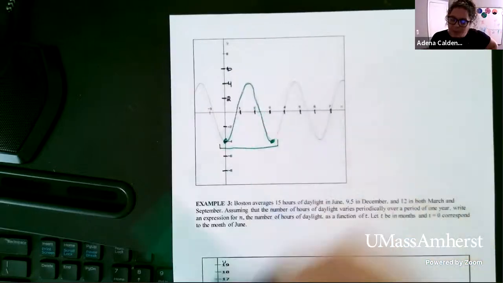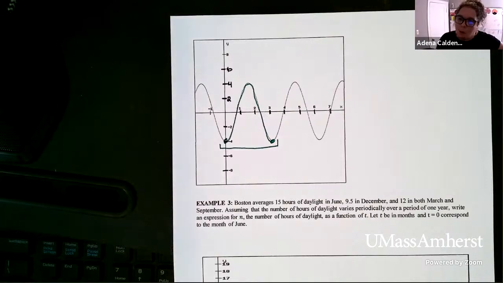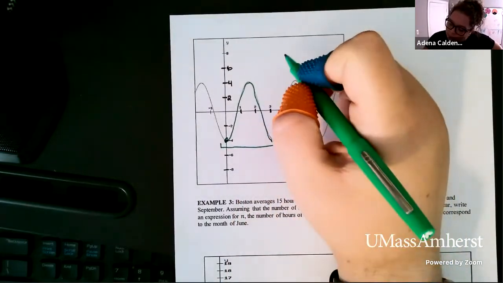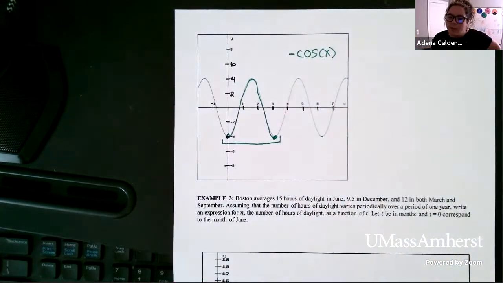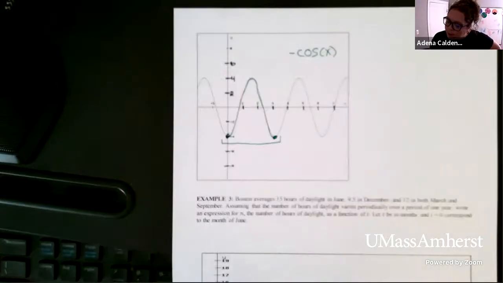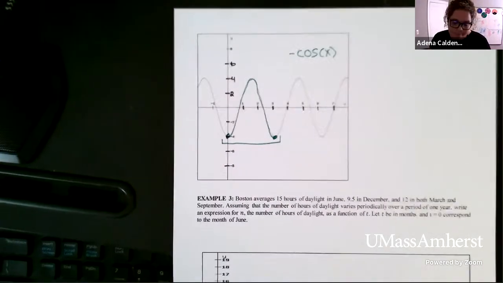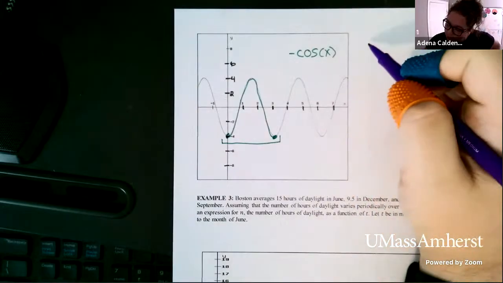And so again, if you start at a maximum or a minimum, we're talking about cosine. And so here, since we're starting at a minimum, we're talking about negative cosine. So that's the general structure we're building upon, because again, we started at a minimum as we look at our function here.